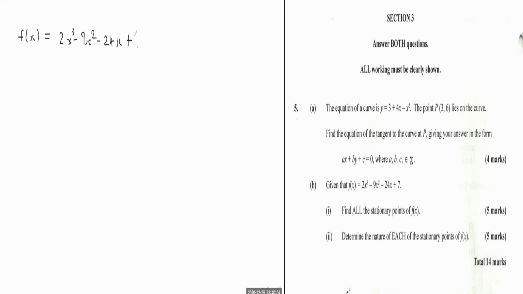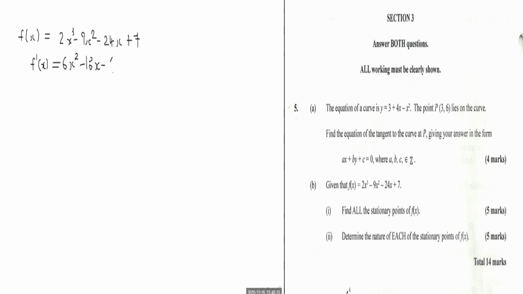All right. First thing we need to do is find f prime of x. F prime of x is going to be equal to, bring down the power to get 6x squared minus 2 times 9 is 18x minus 24.